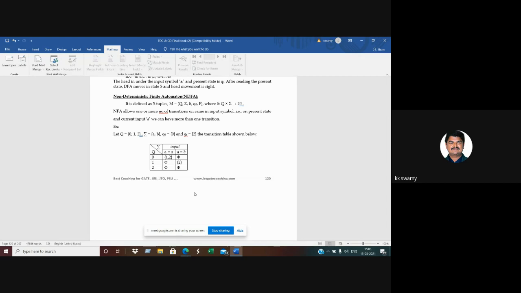On every input symbol there is a path from each and every state, exactly one time. That is considered the DFA format. But in the NFA, no need to follow this; it is enough that the string is accepted.